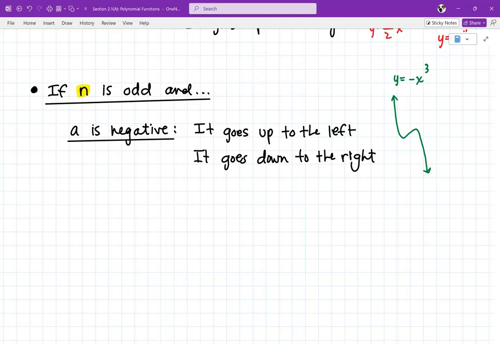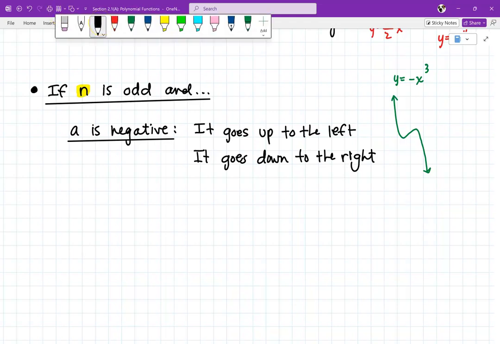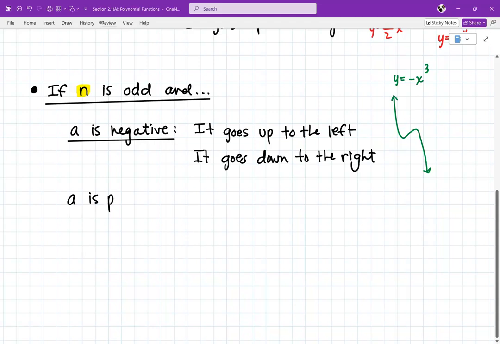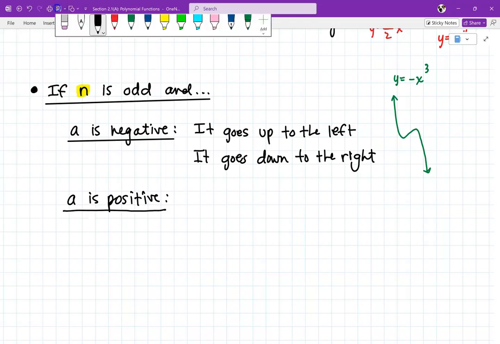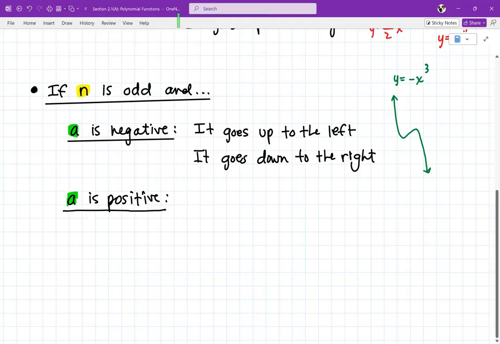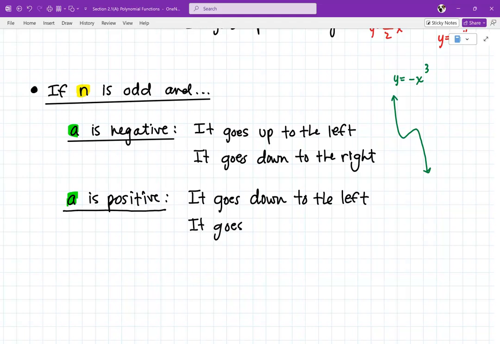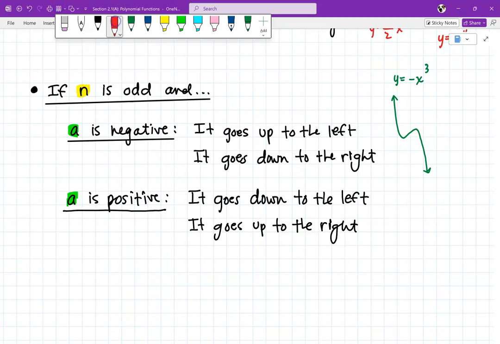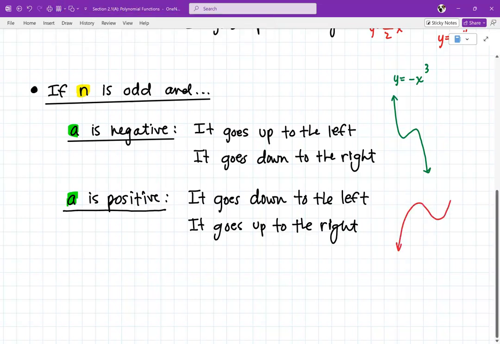Now, if a is positive, it's basically just going to reverse the options. So a is positive. Again, this is my a term here. So it goes down to the left, it goes up to the right. I can use the cubic function again.